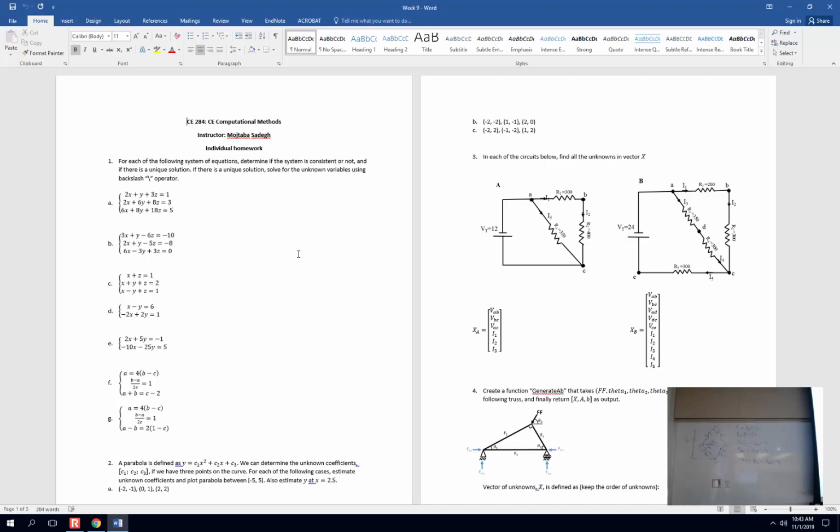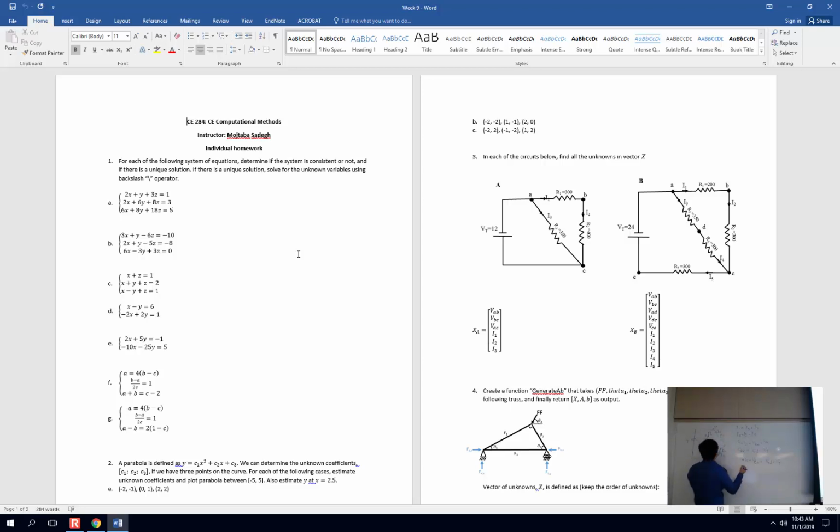I have 10 unknowns. I have 5 equations. Remember, always we have V equal to Ri, right? So if I have 5 equations, I have 5 V equal to Ri. So 5 equations is just enough to solve this.